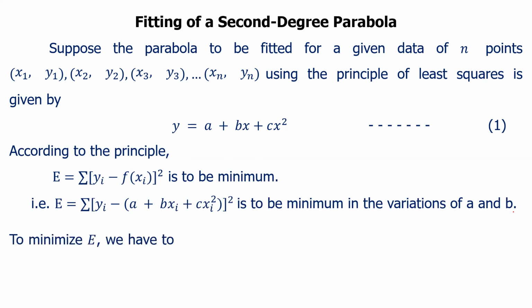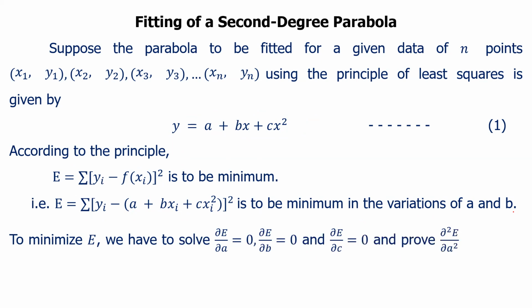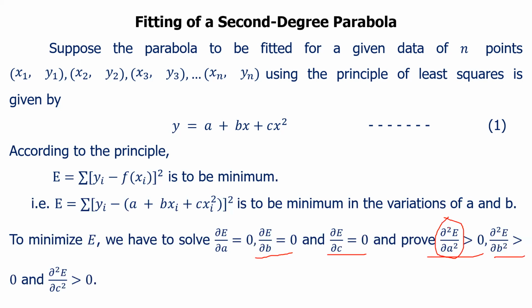To minimize E, we have to solve the partial derivative of E with respect to a equal to 0, partial derivative of E with respect to b equal to 0, and partial derivative of E with respect to c equal to 0. And it will be clear that if we are finding the minimum value, then we also have to prove that these three second order partial derivatives of E with respect to a, b, and c should be greater than 0.